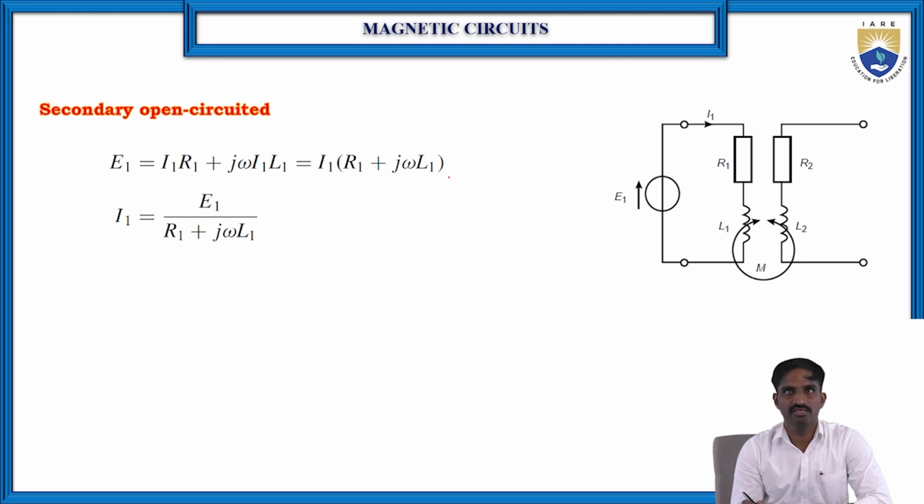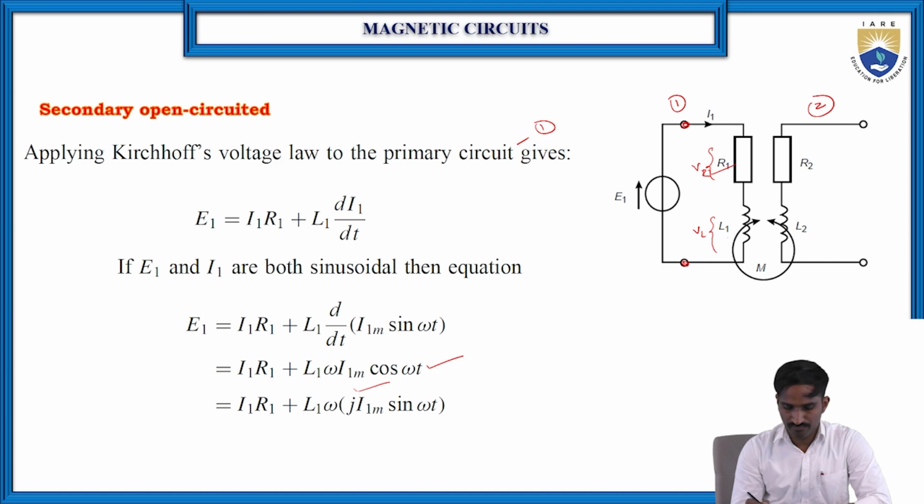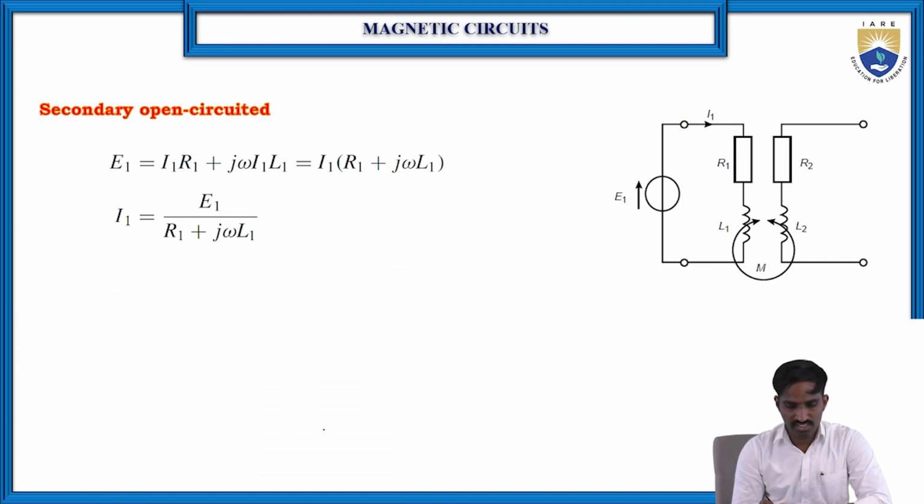If you take I1 as common, then this equation will become E1 is equal to I1 into R1 plus j omega L1.